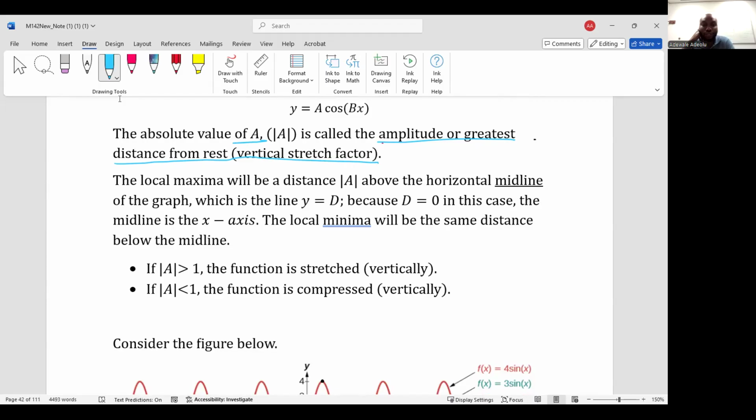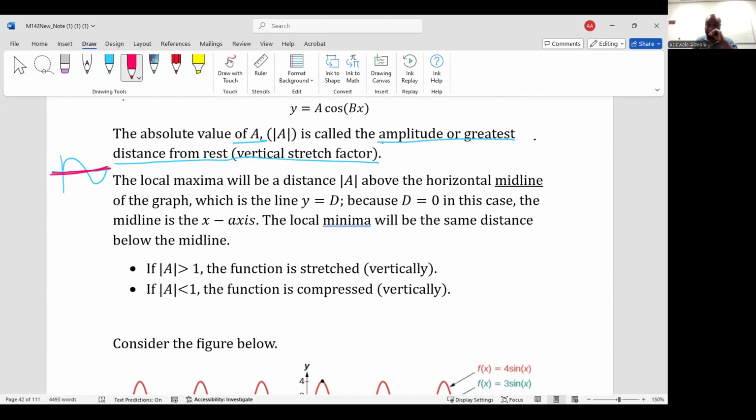What do we mean by rest? If we have our function this way, let's say a typical sine function, this line is the rest.